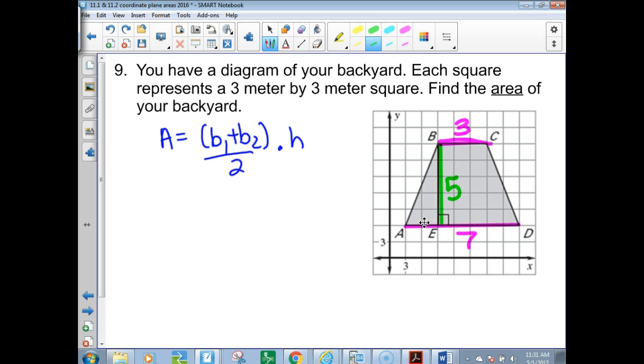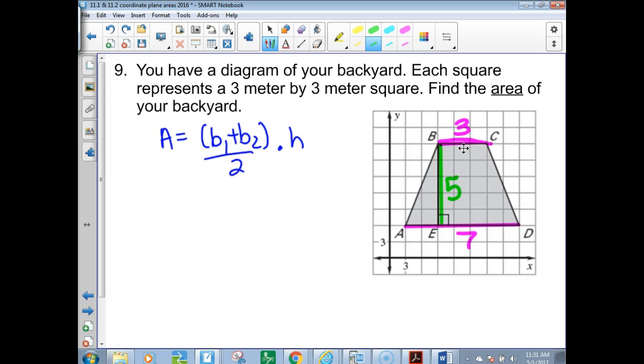Now the mistake is to do the area formula and only multiply it by 3. Each of those boxes has an area of 3 times 3, which is 9. So if you find the area with these numbers, you're going to need to multiply the answer by 9 to get the correct area of your backyard.